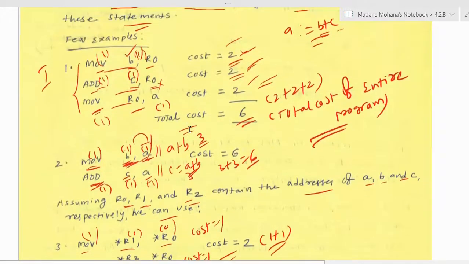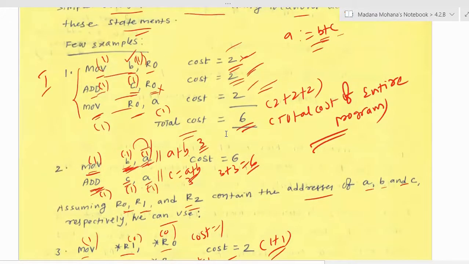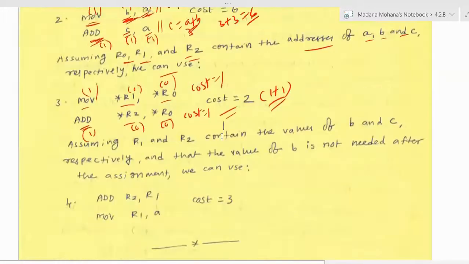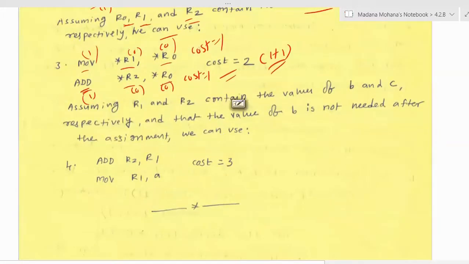So like that, these 3 representations you have to remember carefully. Further, during the code generation algorithm, the cost can be obtained in this form only, by considering these formats. Now here, assuming R1 and R2 contain the values of B and C respectively, and that the value of B is not needed after the assignment, then we can use the other representation.